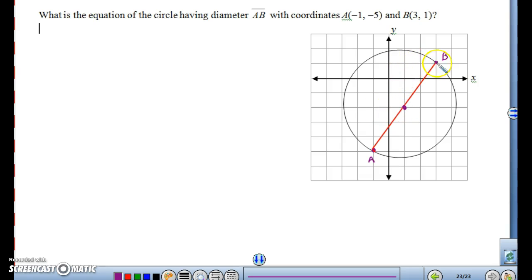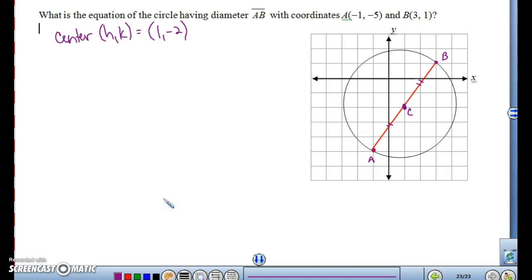Aren't these two segments, from the center, I'll call it C, to B and the center to A, going to be the same distance? That makes C the midpoint. So the center of the circle, the point (h, k), is actually at (1, -2). So I've got part of what I needed.